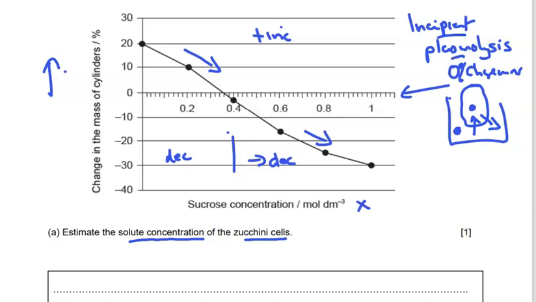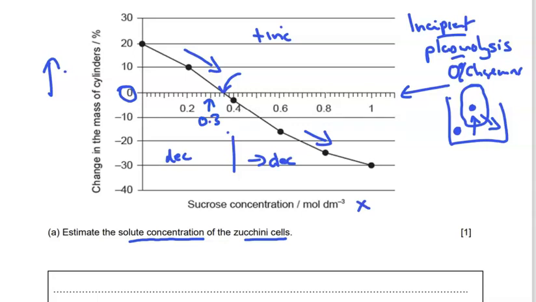So we're looking for the point at which we have 0% change, which of course is just here on the graph. So now we have to give the value. So let's be careful of our scale. We can see there's 0.2 to 0.4, making this point here 0.3.